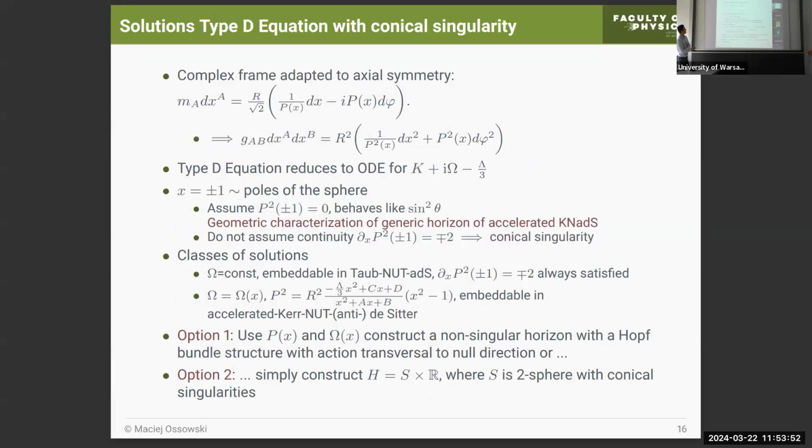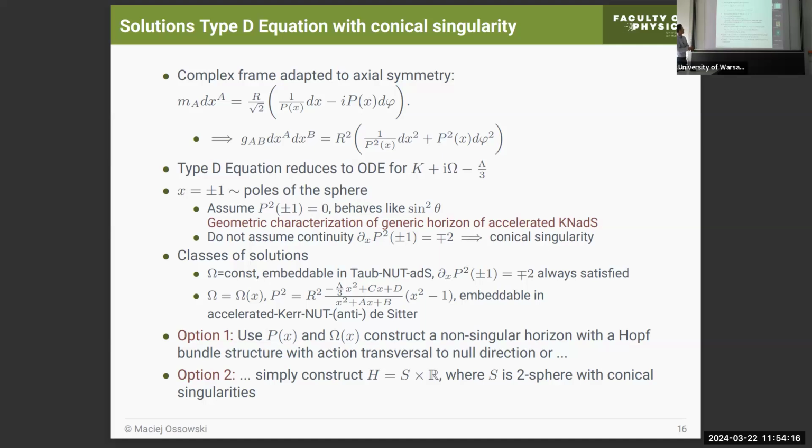Okay, so this was the topological ansatz for this construction. We want to actually solve the type D equation for such horizons. This is most conveniently done in some complex frame which is adapted to axial symmetry.